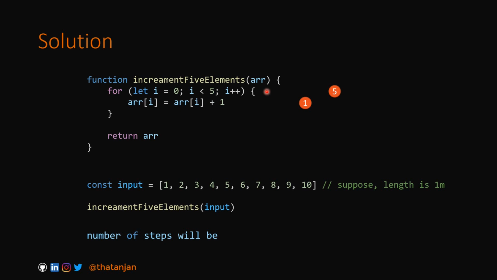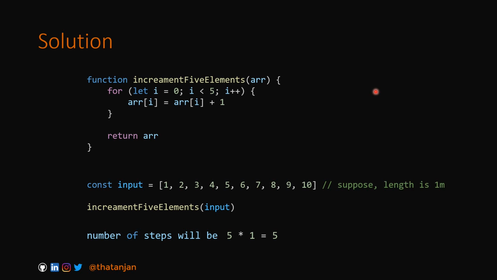Again 5 times, because it will only increment the first 5 elements of this array. It won't go further. So again 0 to 4, 5 times. Can you see any similar pattern going on between these two examples? Yes, they both are taking only 5 steps.